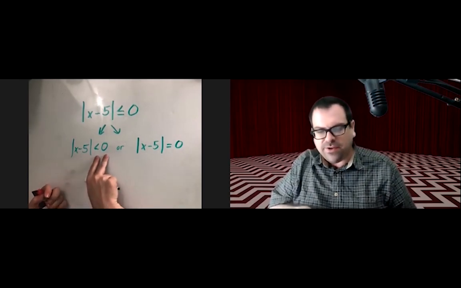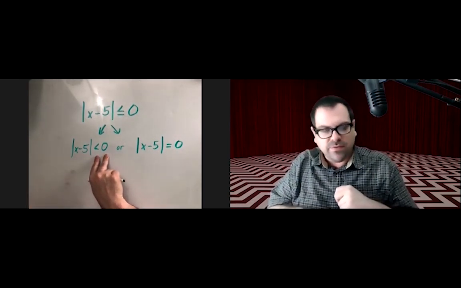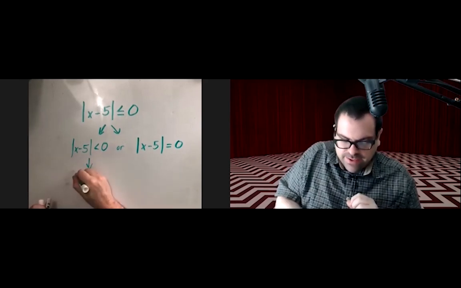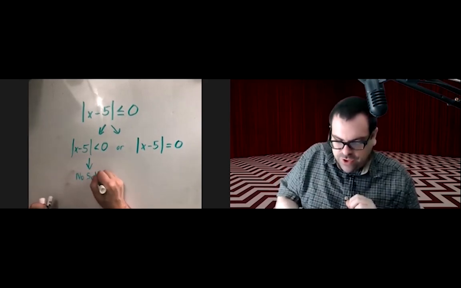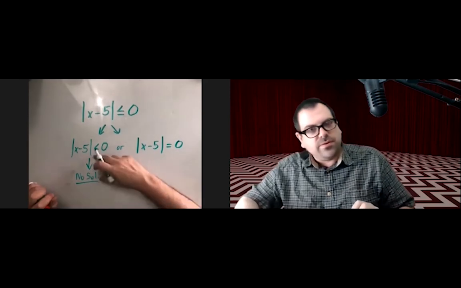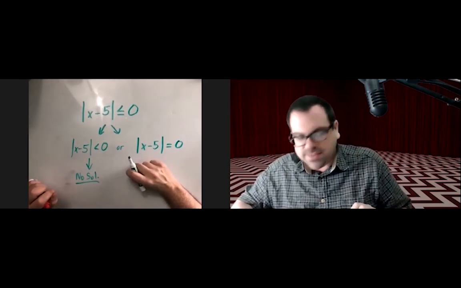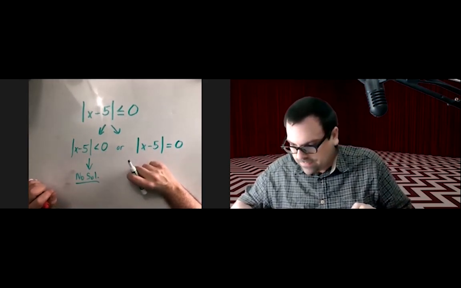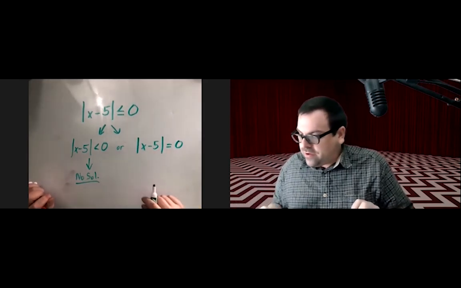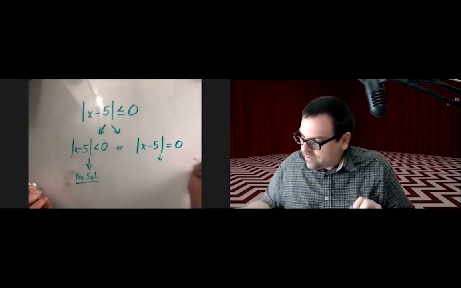An absolute value less than 0 would be an absolute value negative. That means this has no solution, because an absolute value can never be less than 0. Absolute value of x minus 5 equals 0.